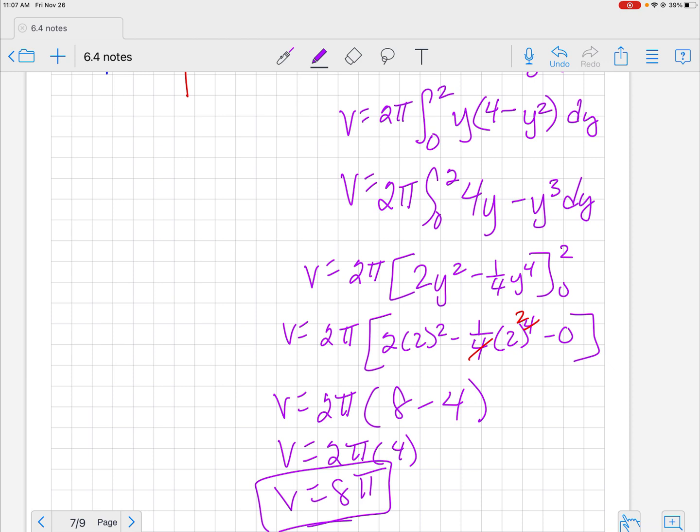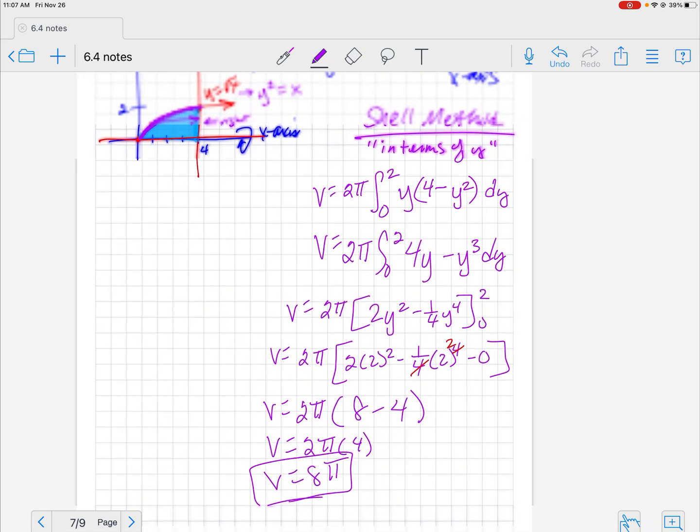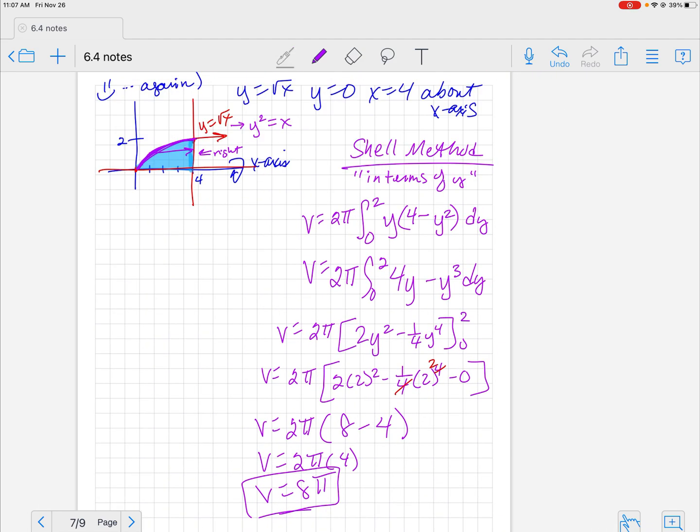Your volume ends up being exactly the same because I'm talking about the same figure. If I were to change the axis I was revolving around, then that would affect my answer, because those are two different figures. But this is literally the exact same thing. These are two separate methods to do the same thing, the shell method and the disk washer method.